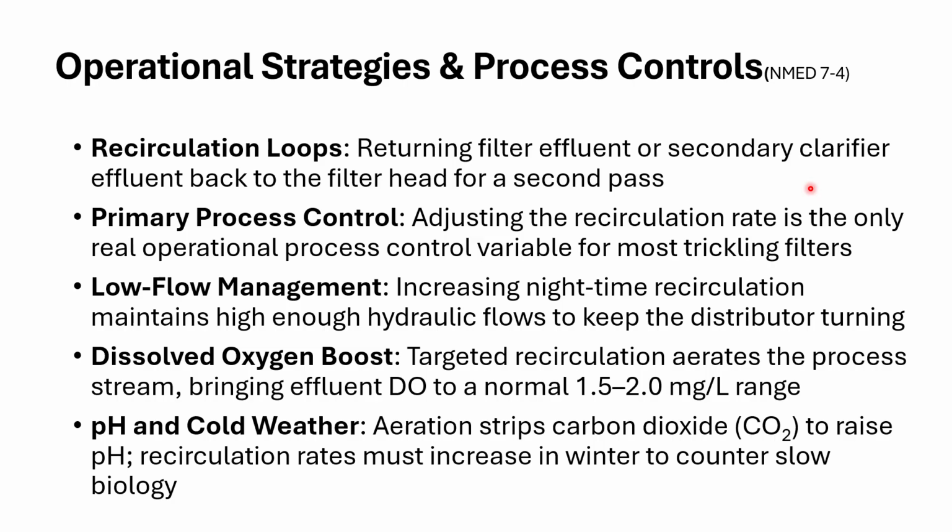We can have recirculation loops. What that means is we can take that filter effluent or even secondary clarifier effluent, and recirculate it and send it to the head of the trickling filter again and have a second pass at that. So we can send that filtrate through the process a couple of times if we need to, and that'll really help with the efficiency as well.